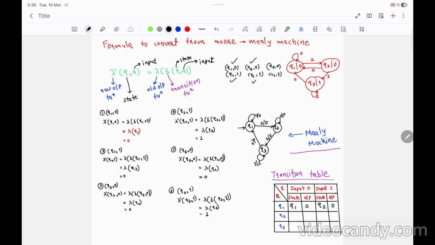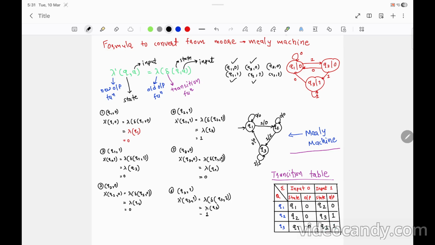Likewise, for state Q2 with input 0, we stay in state Q2 with output 0. For input 1, we go to state Q3 with output 1. For the Q3 state, if we give 0 as input, we go to state Q1 with output 0. If we give Q3 input 1, we stay in state Q3 with output 1.